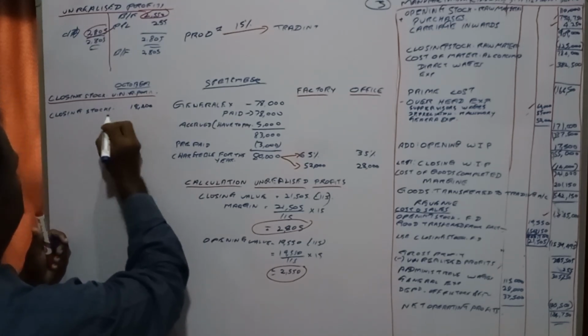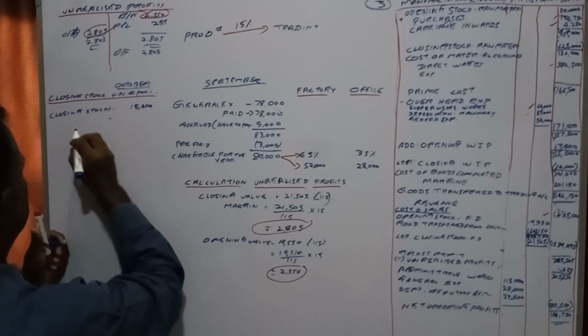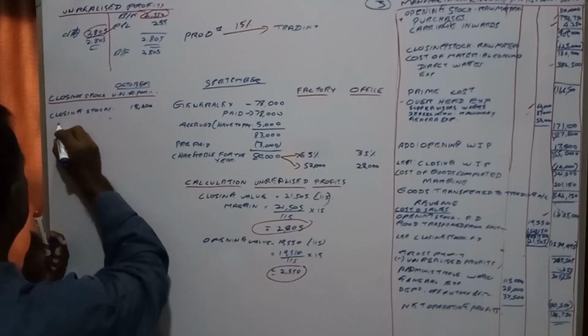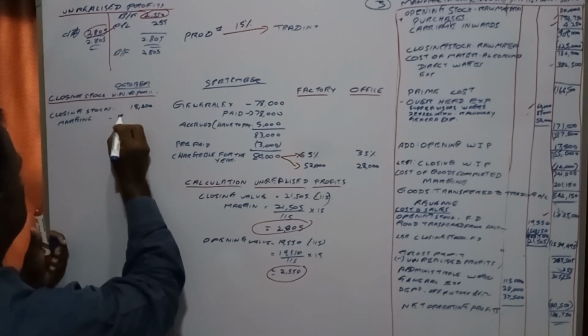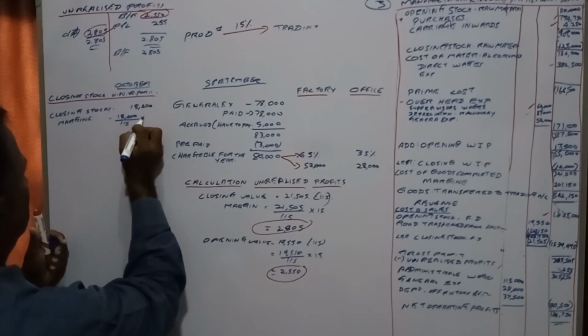If it is 18,400, then the margin would be: 18,400 is the 115, then 15%.